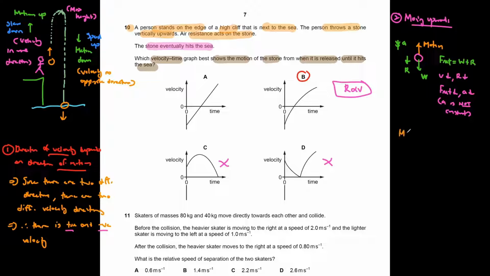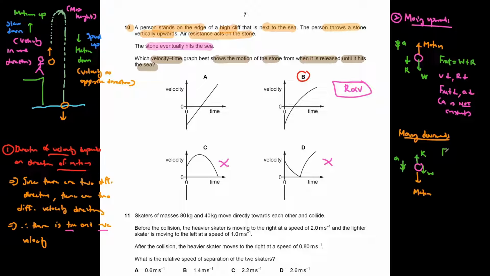What about the case where you're moving downwards? When you're moving downwards, your object is having a motion downwards like this. Your weight is again directed downwards, but your air resistance this time is opposing your motion, so it's directed upwards. Then your direction of acceleration here is again downwards.